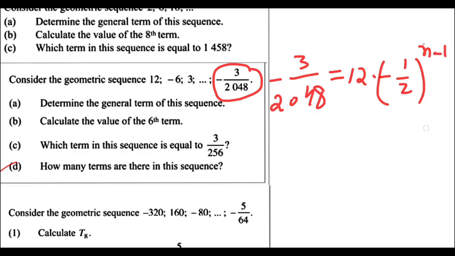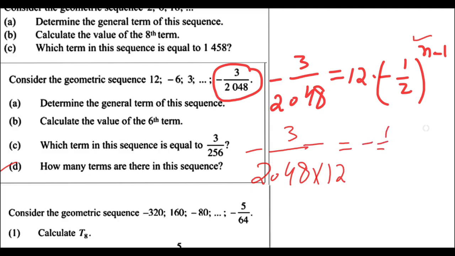Our subject of the formula is n. So -3 over 2048 divided by 12 is equal to -1 over 2 power n minus 1.